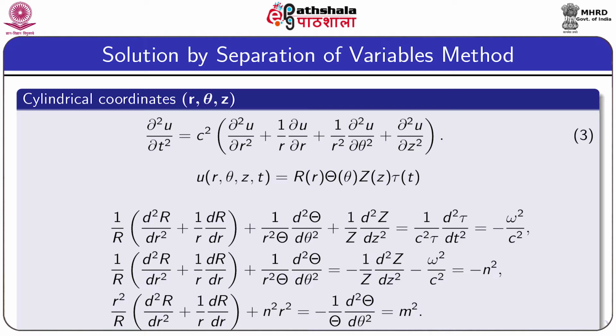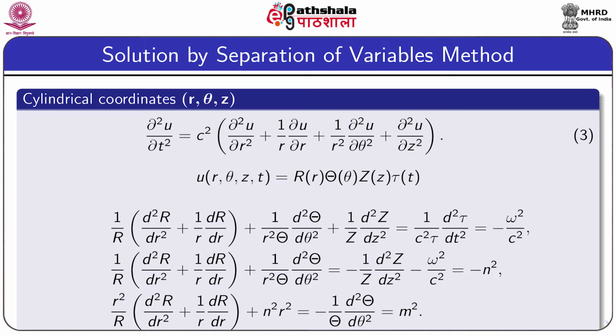So, we get the equation 1 by R d2R dr square plus 1 by r dR dr plus 1 by r square Theta d2 Theta d theta square equals minus 1 by Z d2Z dz square minus omega square by c square, equals a separating constant minus n square.